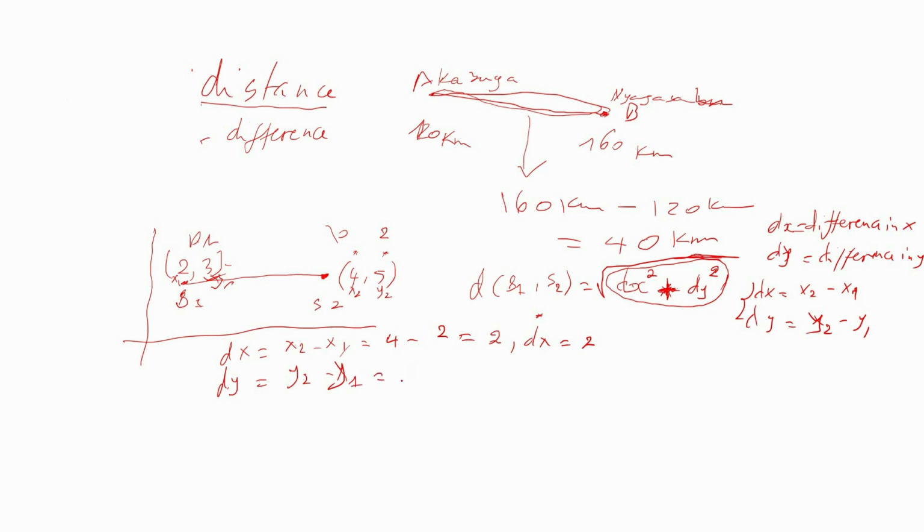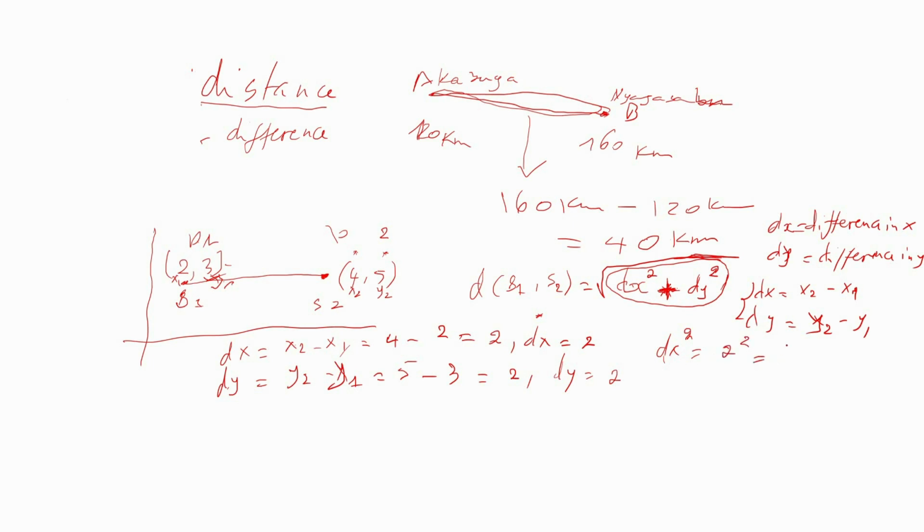After finding the differences, we square them. Then we add. Here there is a common mistake of students, please. Don't square root before adding. You start by adding the squares, then the answer you get from squares, you square root.